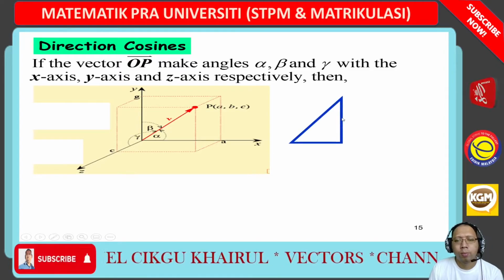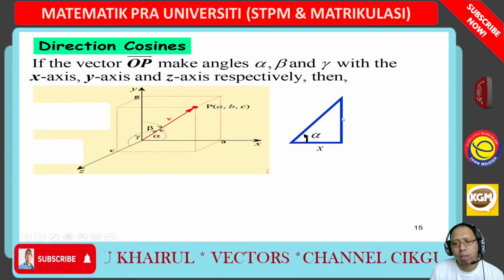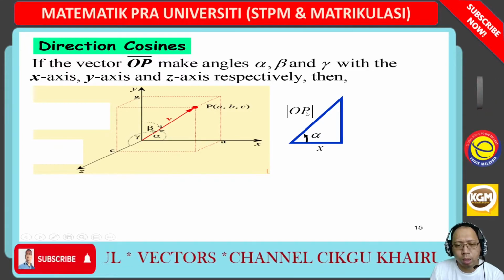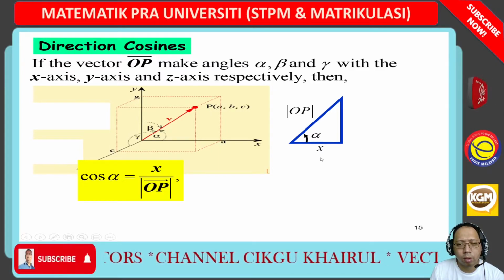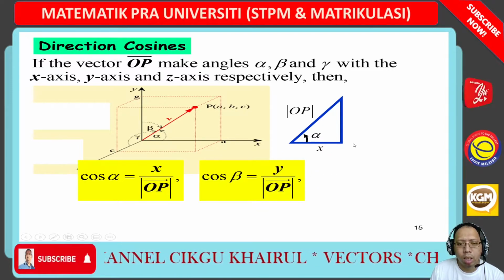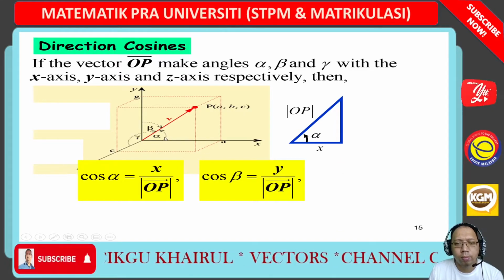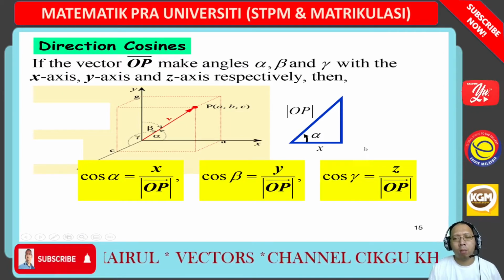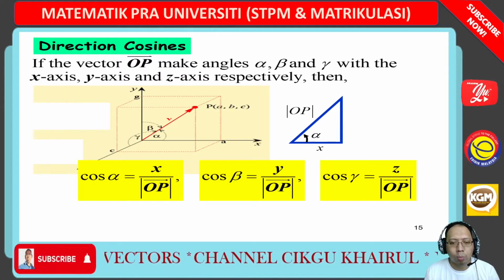So from this one, cos alpha is x divided by OP, adjacent divided by hypotenuse. Next, cos beta is y over magnitude OP, and cos gamma is z divided by magnitude OP.